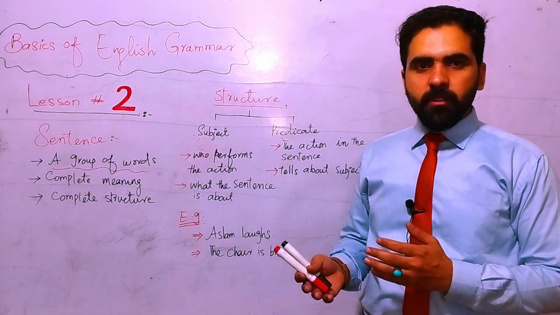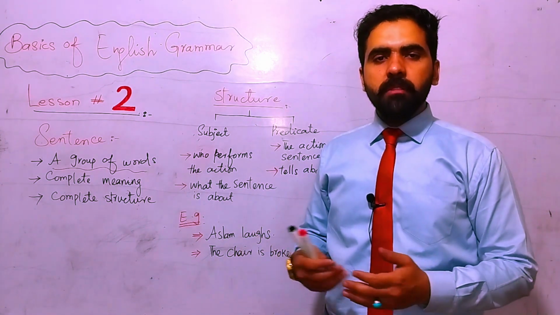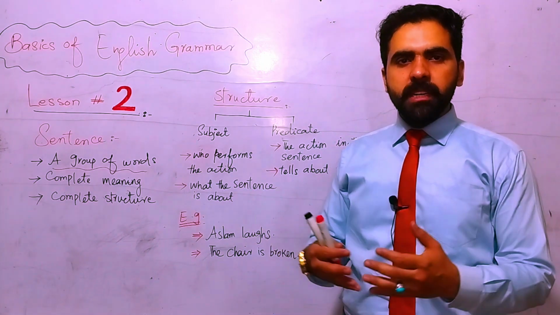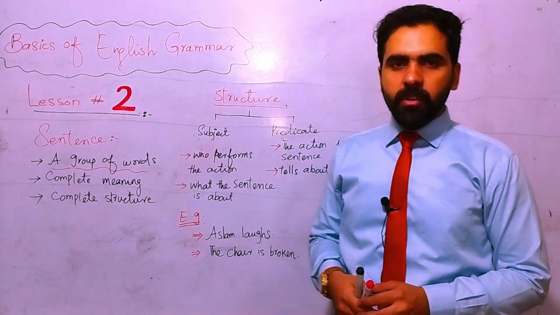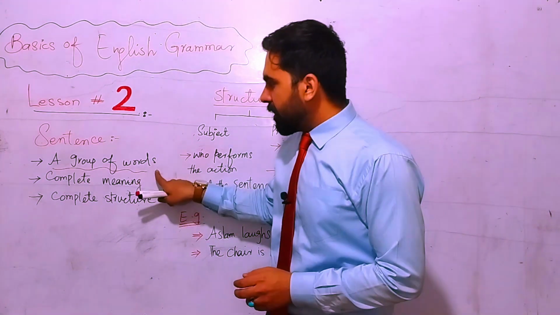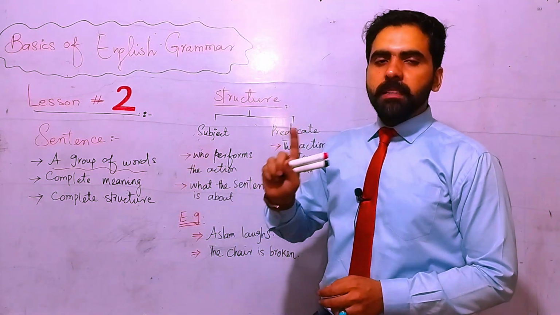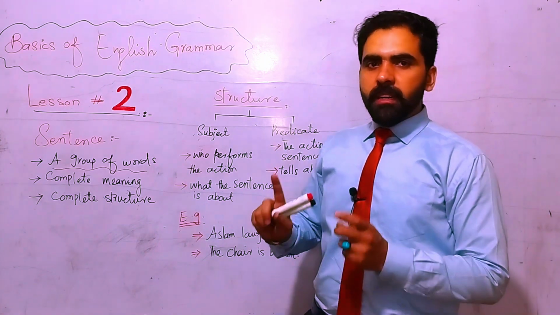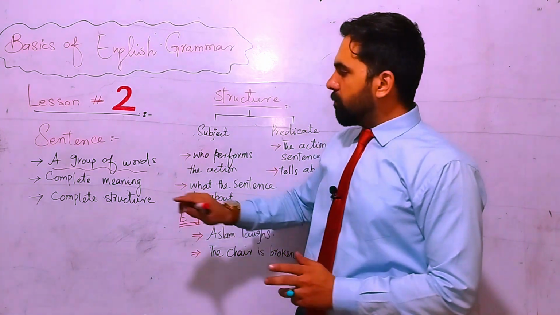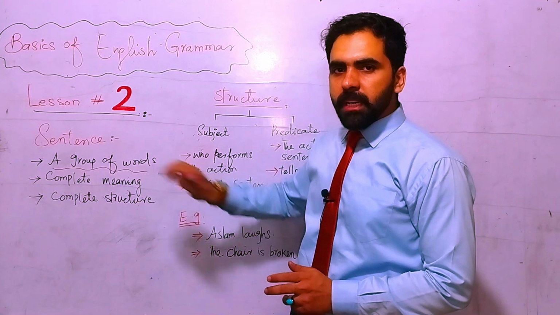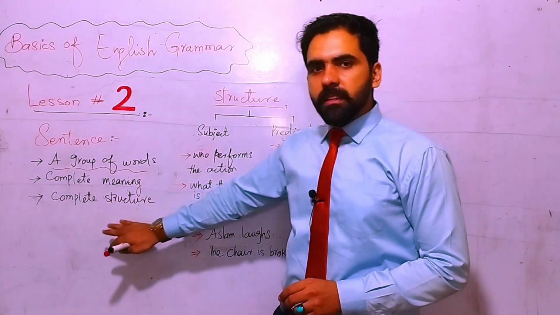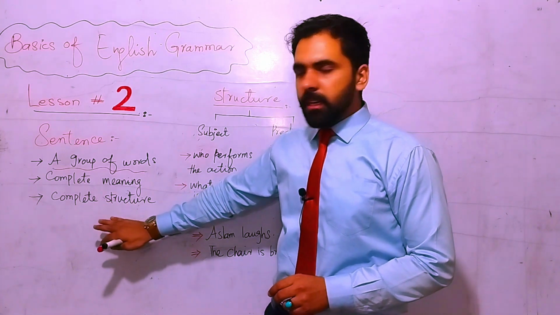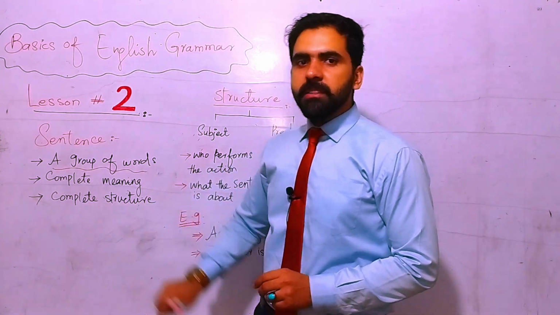Either the combination would be regular or irregular. One cannot say that jumbled words joined together can make a sentence. No. The first characteristic is a group of words. The second characteristic is that the group of words must have complete meaning. And the third characteristic is that the sentence, or that group of words, must have a complete structure.